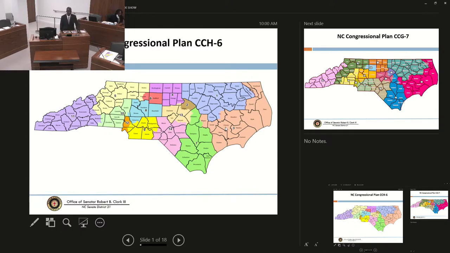The bill text is attached to both maps. Does every member of the committee have a copy of both? Yes, okay. Recognizing that, Senator Clark is recognized for his explanation.